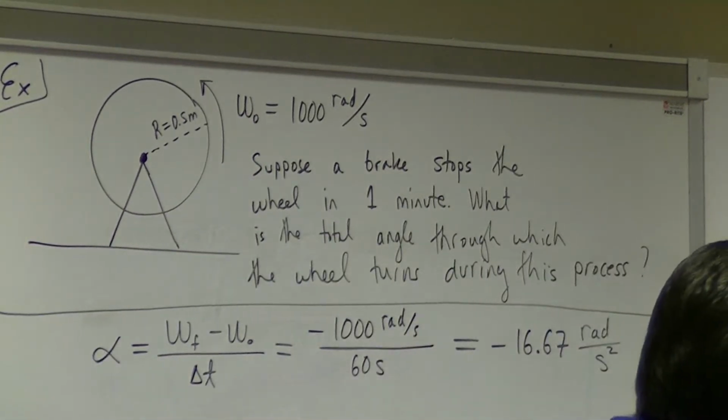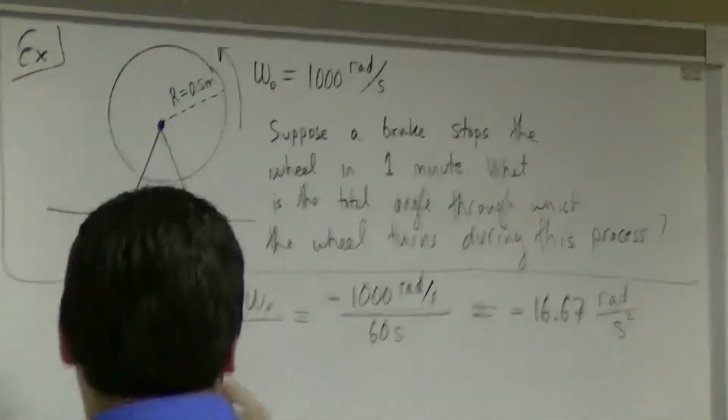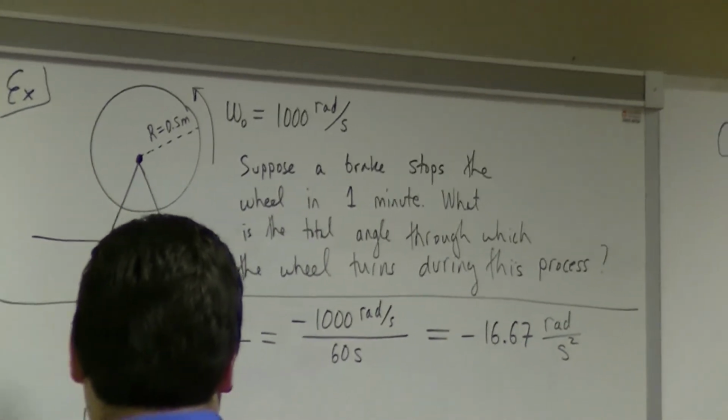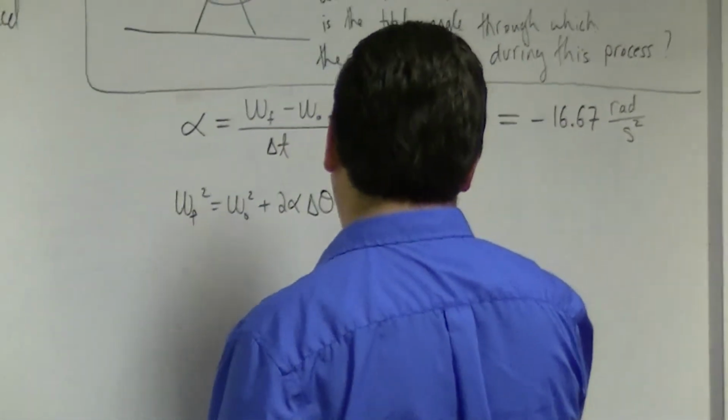So then what? Well, I can use this, or I could use that, I suppose. I'm kind of ambivalent. I'll go with the timeless equation: omega f squared equals omega naught squared plus 2 alpha change in theta.